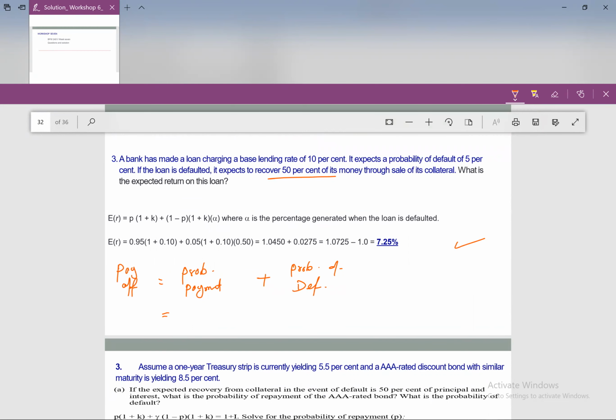The probability of payment is the probability of payment of my principal plus 1K. And then the probability of defaulting is just 1 minus the probability of payment. This is the probability of defaulting times the 1K, but also times what we call the collateral. Now, as you can see, this is 0.095.